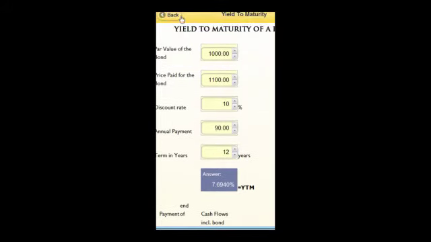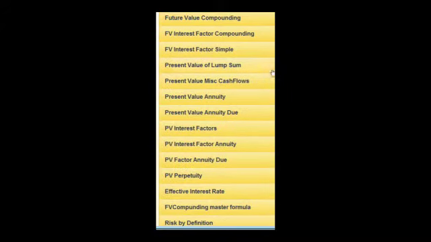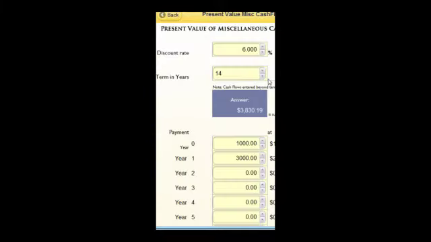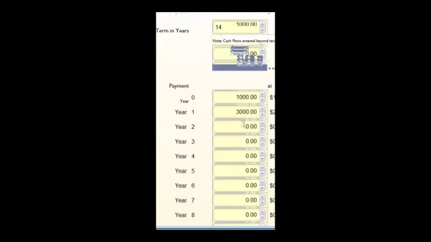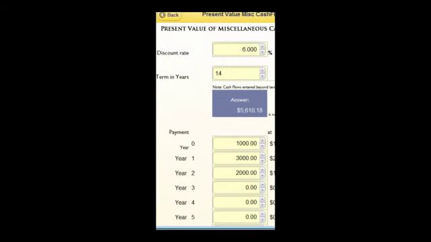And that is very error prone when you have to insert each cash flow yourself into a calculator. And of course, one of my favorites is that we often have miscellaneous cash flows that we need to analyze. Okay? And we can put in any cash flows we want, and it will calculate what the present value in this case is, all the way up to the number of years that we've established as the economic life of the term in years.